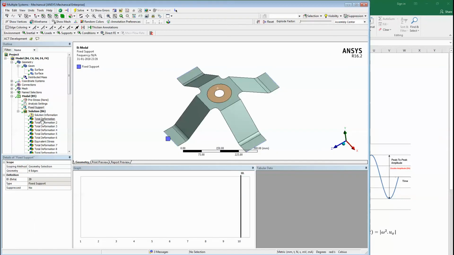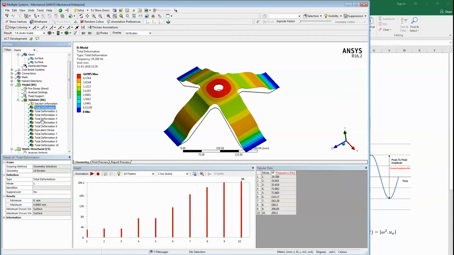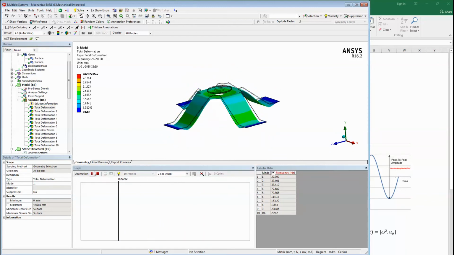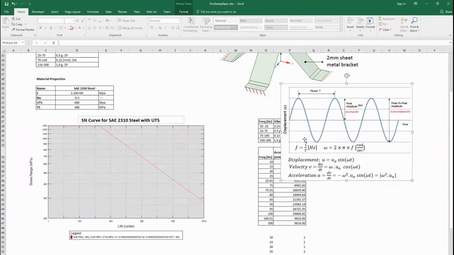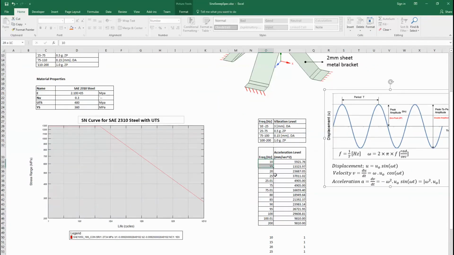Then modal analysis is carried out, and you can see the first one is at 25 Hz, and this is in the vertical direction. So what it means is that when we excite the structure in this direction, it will be experiencing 0.5 g and so on.